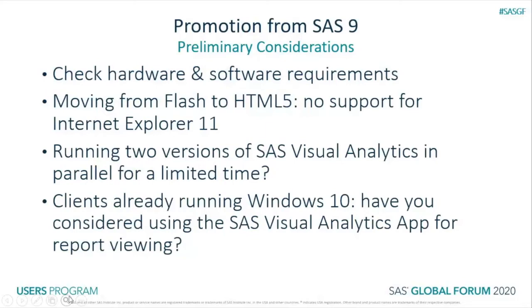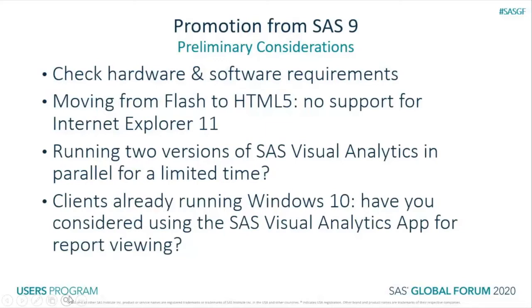If you have a significant or large environment to convert from Visual Analytics 7 to Visual Analytics 8, you might consider running two versions of Visual Analytics in parallel for a limited time. This gives you, of course, more time to move the content over and allows you to do it in smaller chunks.